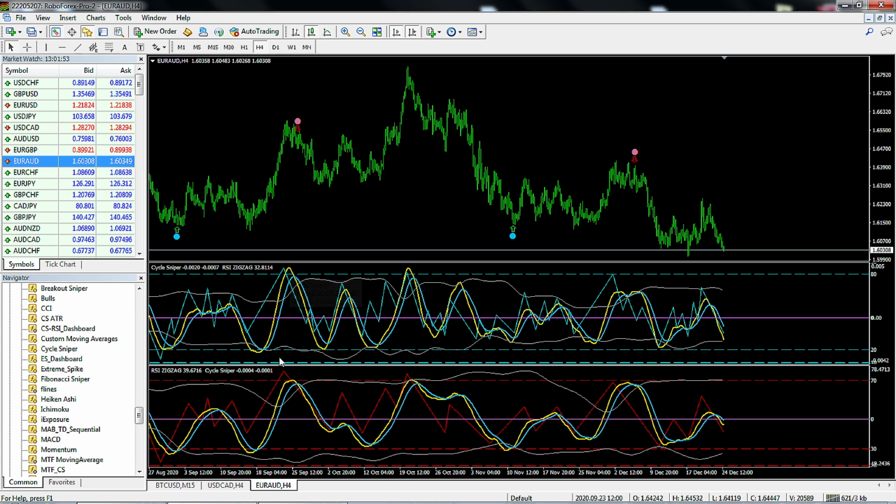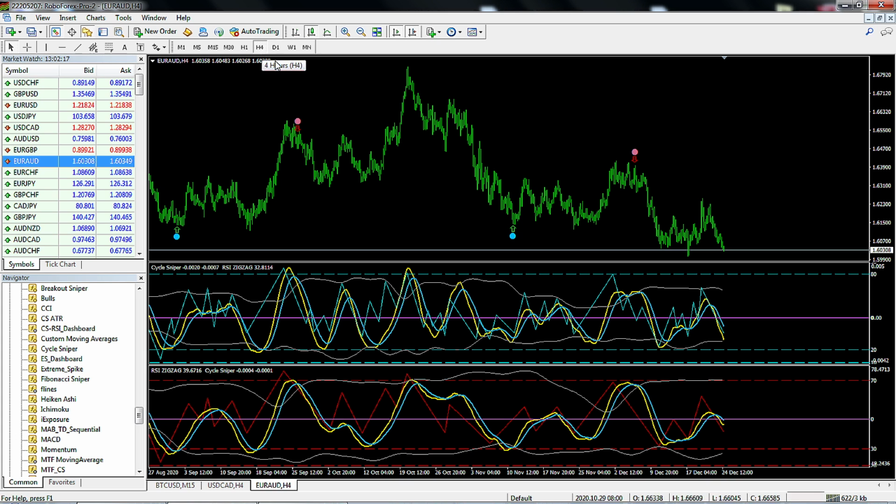Both of the RSIs are overbought, plus both of the Cycle Snippers are overbought. Even you can sell here somewhere without waiting for the Cycle Snipper signal. Same here. Overbought. You can start to sell here.